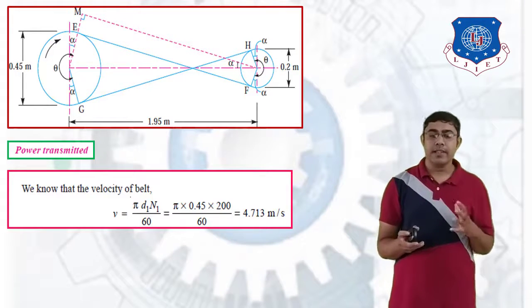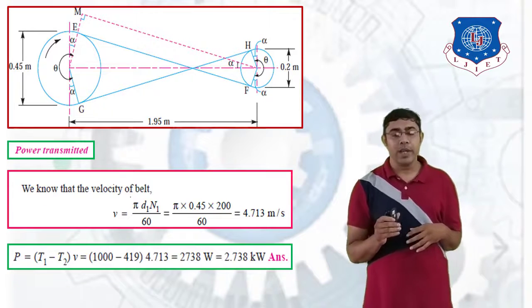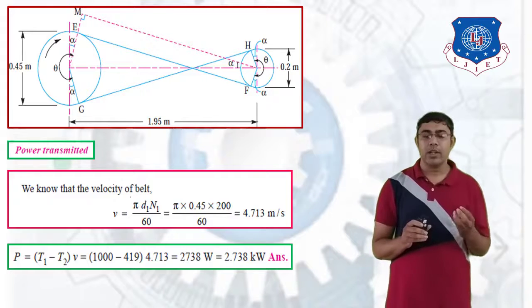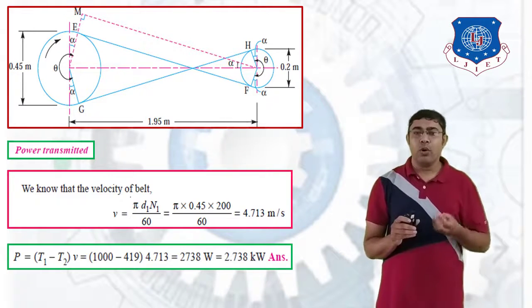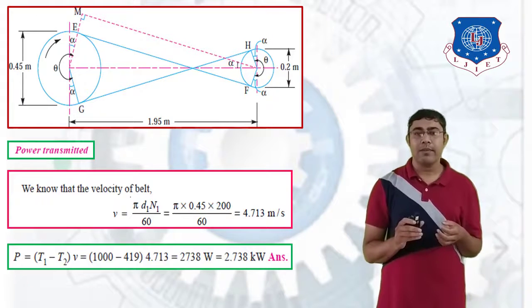So now the equation of power is P is equal to T1 minus T2 into V. Now we have the value of T1, that is 1000 newtons, T2 is 419 newtons, and V is 4.713 meter per second.